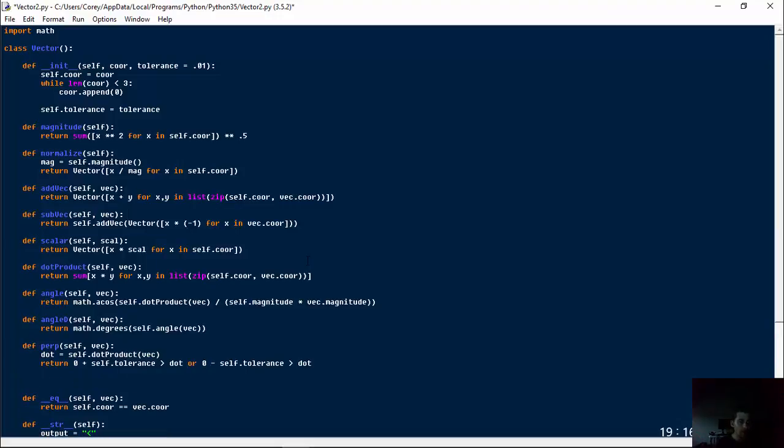Okay. Now if I want to throw in parallel, all I have to do is check if the angle between them is 0. For vectors, of course.